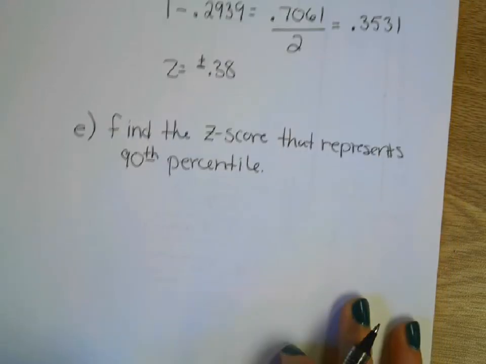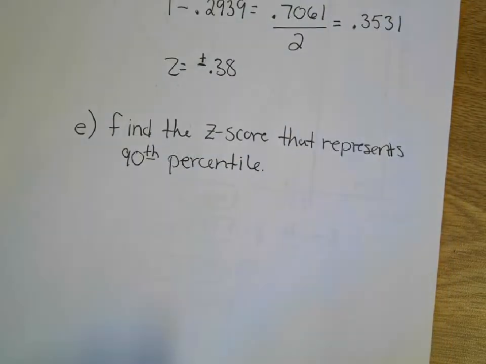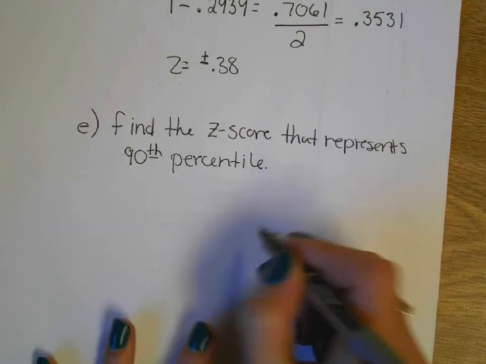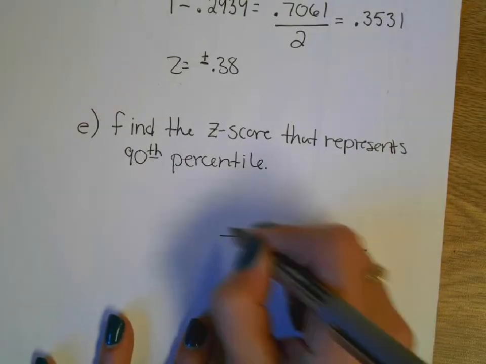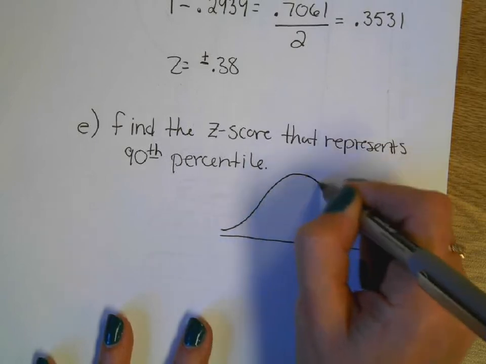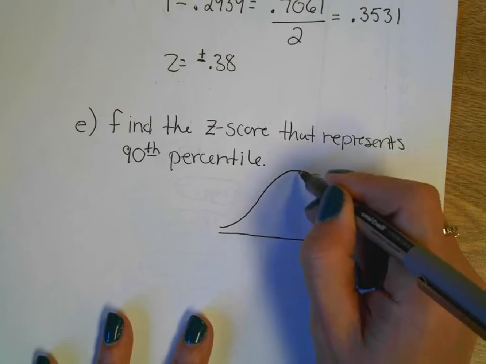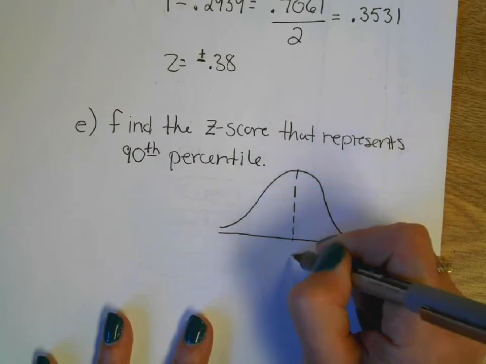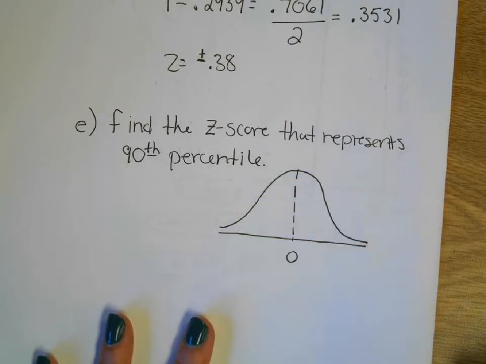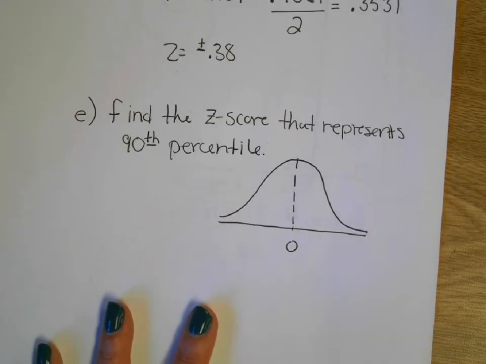Find the z-score that represents the 90th percentile. Say I had the graph of SAT scores, and they were converted to the standard normal. What does it mean to be in the 90th percentile? You're in the top 10%, which separates you from the bottom 90. So are we a positive or negative z-score?